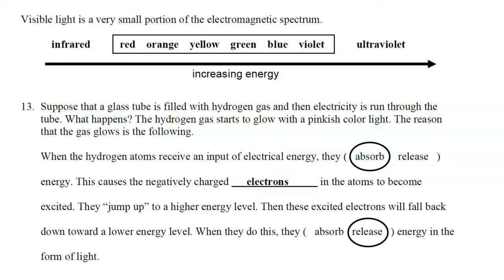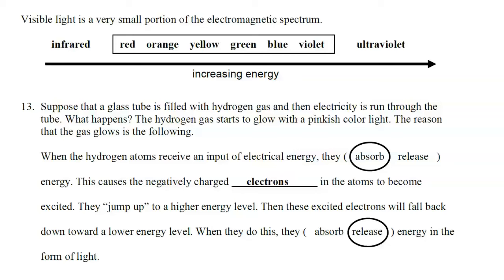Now, in your packet entitled Electron Configuration, I had described the details of an experiment involving hydrogen that produces the bright line emission spectrum for hydrogen. Suppose that a glass tube is filled with hydrogen gas and then electricity is run through the tube. What happens?